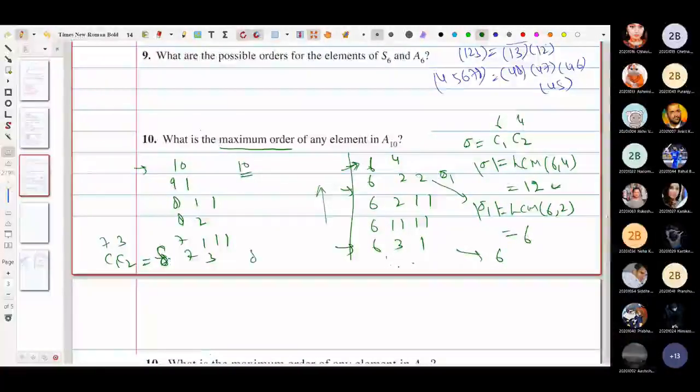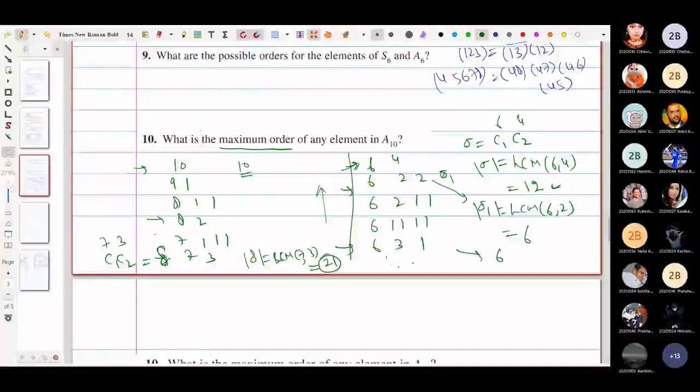So the order of this delta is going to be LCM of 7 and 3. What would this be? 21. So until now we got maximum 21.